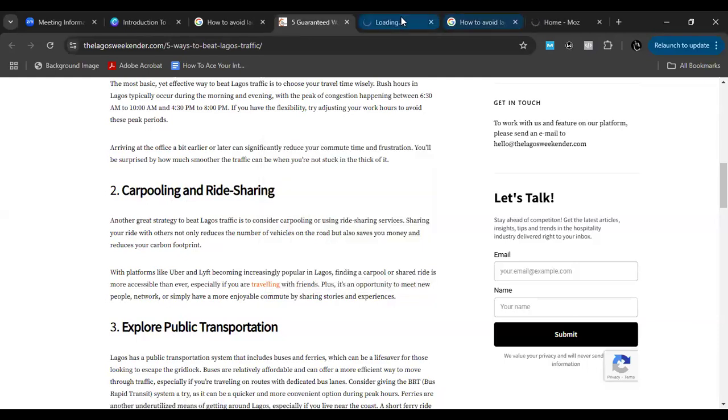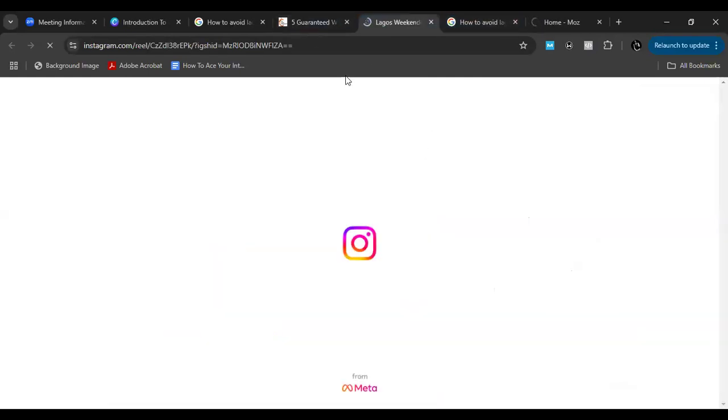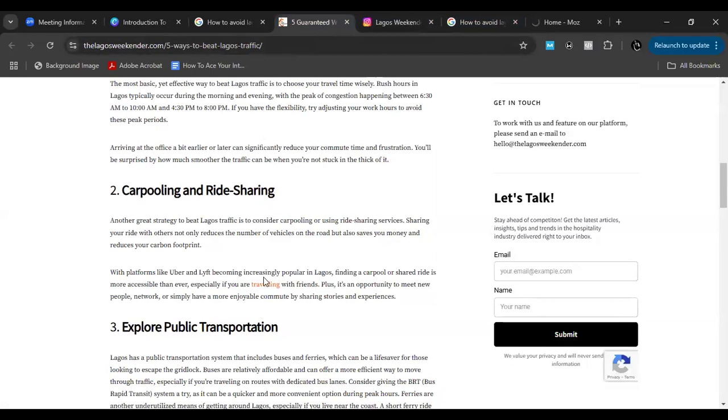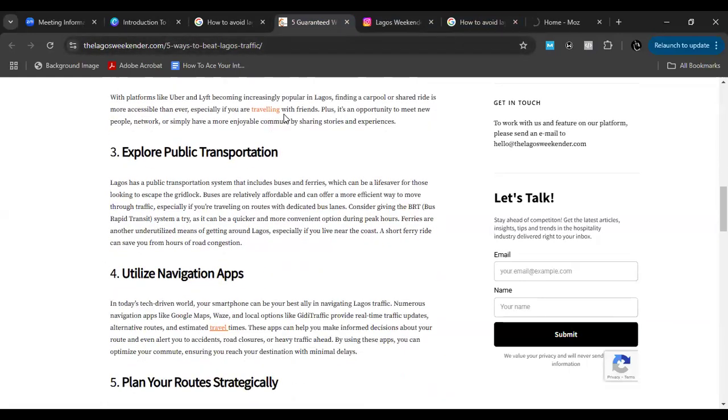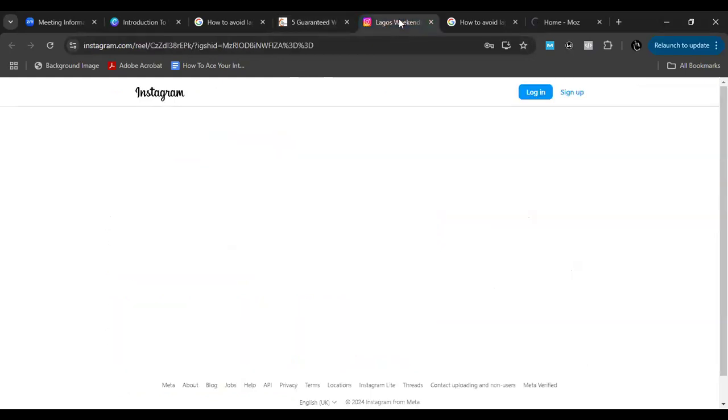I can open that and you see that is an Instagram page, for instance. And that Instagram page is referencing the word traveling. Imagine if you wrote a content on 5 ways to beat Lagos traffic and people found this content helpful and posted it on their social media platforms.